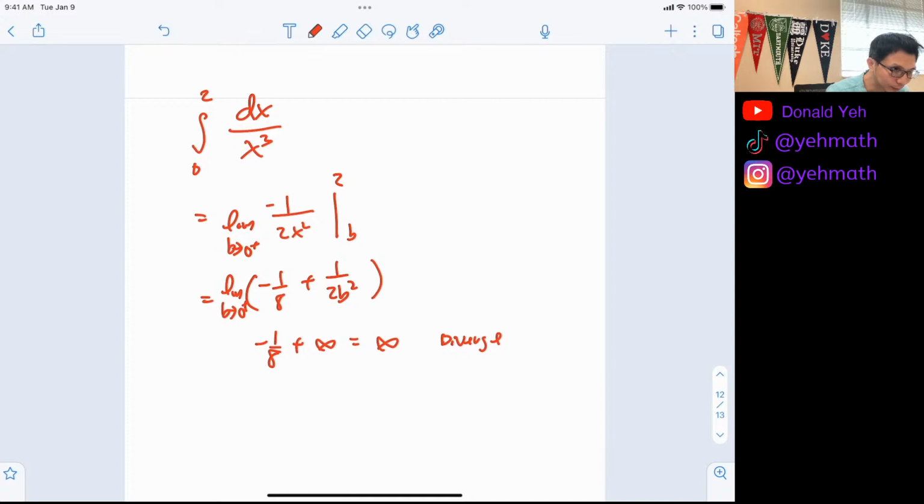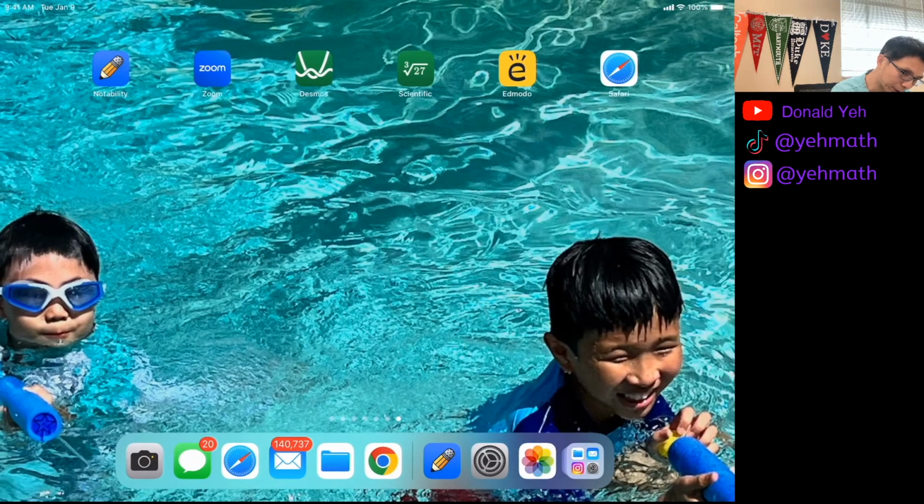If you think about the graph, I think 1 over x squared is like a hyperbola, right? Is 1 over x squared like a hyperbola? No, 1 over x squared looks like this.